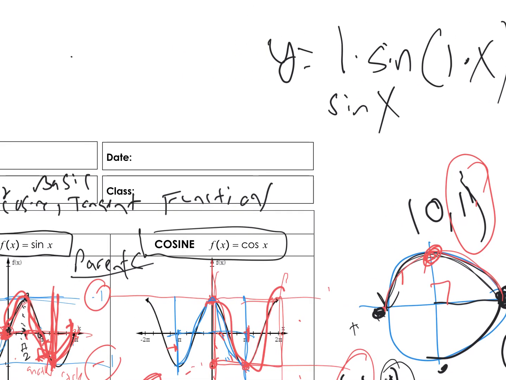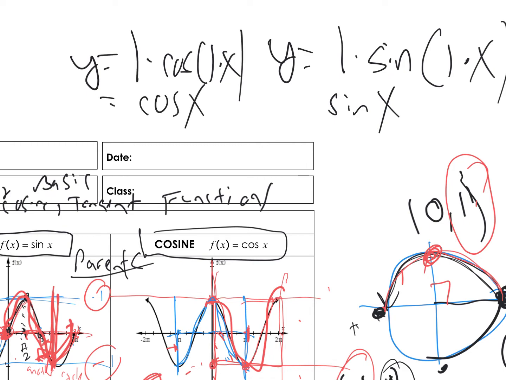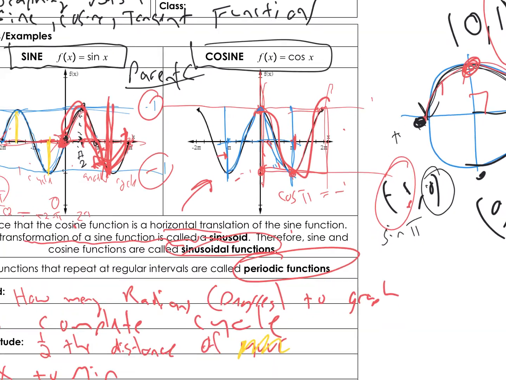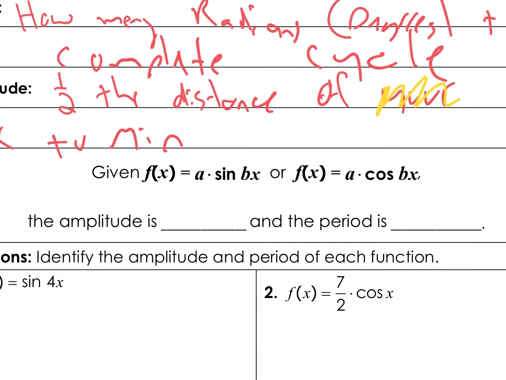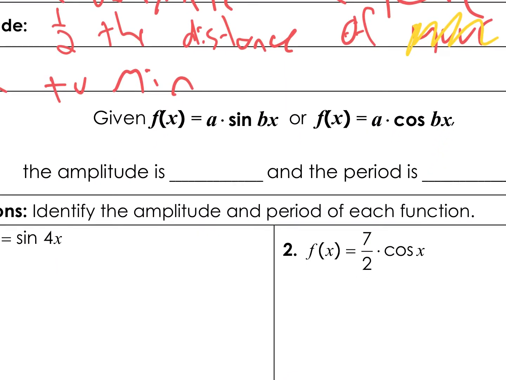You can write y equals 1 times cosine of 1 times x, but most people just write cosine of x. But it doesn't have to have ones. Look here. This is actually the equation for a basic graph. It's still basic because you haven't moved it left or right or up or down.